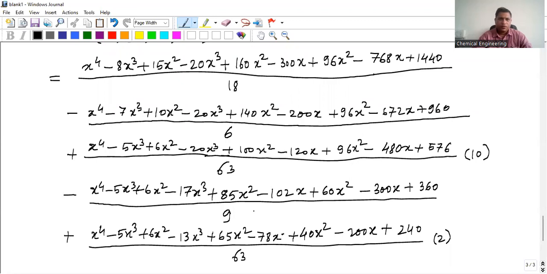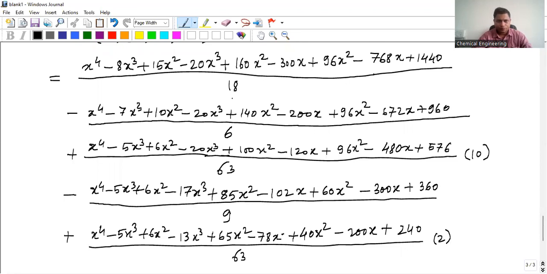Now in the first term we have to sort according to the power of x. So we have x raised to 4, it remains as it is, but we have x cube terms. We have to sort this, and we have x square terms. We have to sort this again. We have x terms, so that we have to consider.